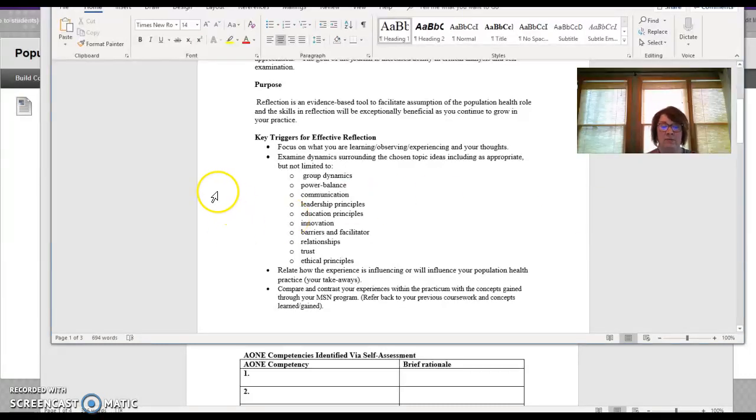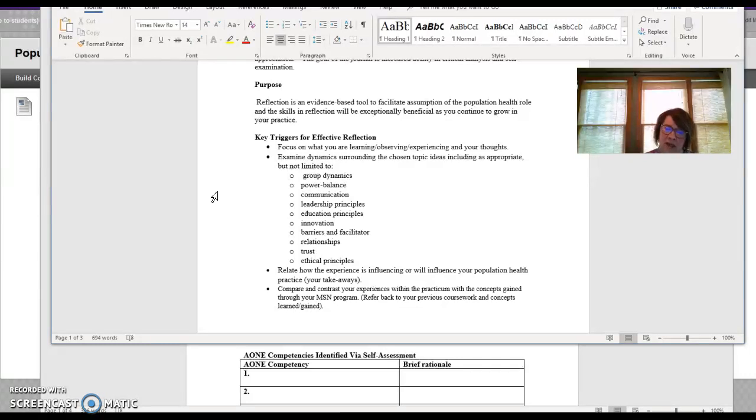Some of the key triggers, just to help frame your thoughts as you're doing your reflections, involve looking at components as you're experiencing them in the practicum. You're focusing on what you're learning, what you're observing, what you're experiencing, and your thoughts correlated with those.